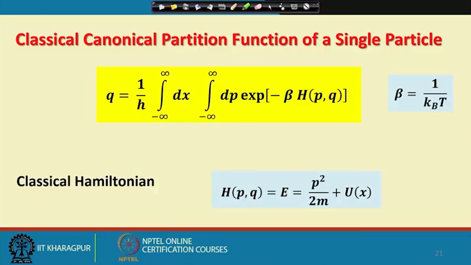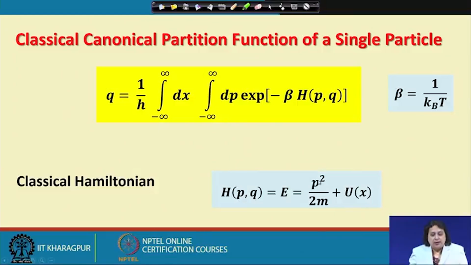So, let us quickly look up the specific form of the classical canonical partition function for a single particle, where now we have explicitly written down h as the normalization constant, which takes care of the fact that in the phase space each quantum state corresponds to that small dx dp square.